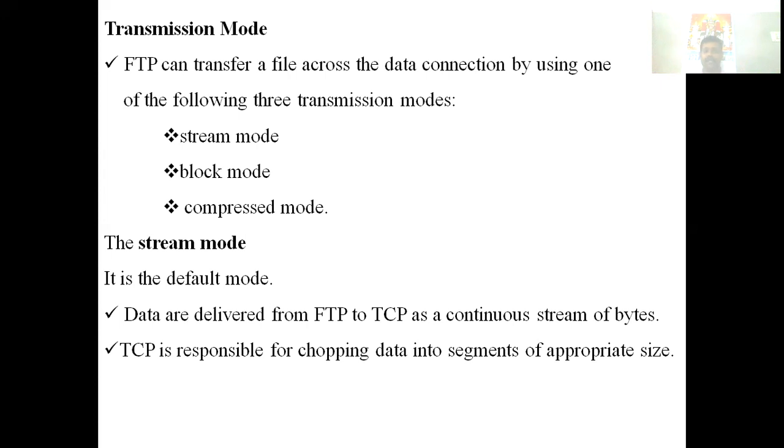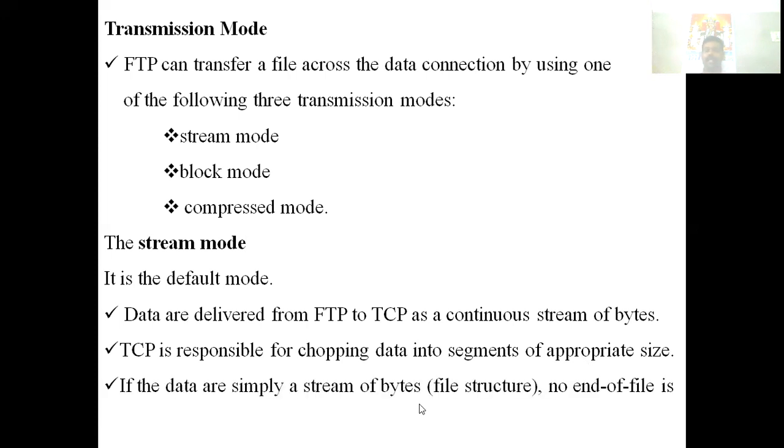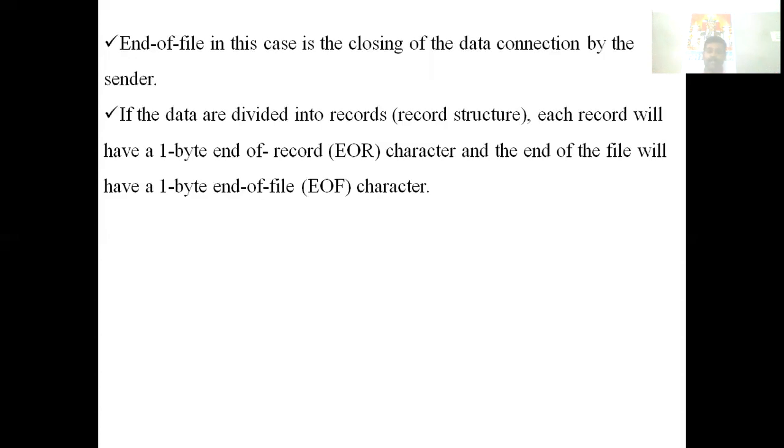TCP is responsible for chopping data into segments of appropriate size. The data are simply a stream of bytes. No end of file is needed. End of file in this case is a closing of the data connection by the sender. If the data is divided into records, each record will have a 1 byte end of record character, and the end of file will have a 1 byte end of file character.